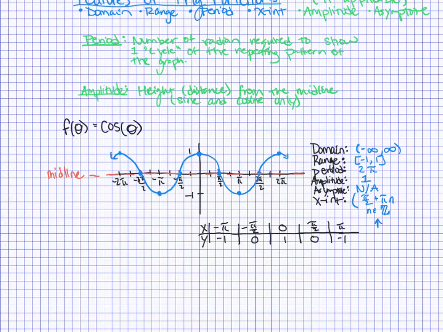So again, right here, n is an element of the integers. And what that means is that n is any positive or negative number. So we can go pi in the positive direction as many times as we want, or pi in the negative direction as many times as we want.